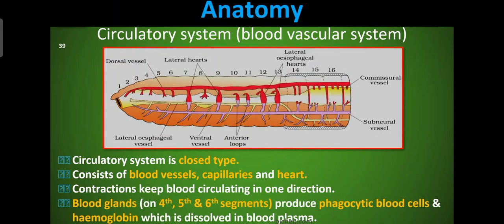Phagocytic means they eat the cells, the other unwanted cells or any debris. So if any antigen, bacteria or viruses are there, they will eat and kill them. So those are called phagocytic. Who produces these blood cells? Blood glands. Along with the blood cells, they also produce hemoglobin, which is dissolved in the blood plasma. Clear? So this is about the circulatory system of the earthworm.